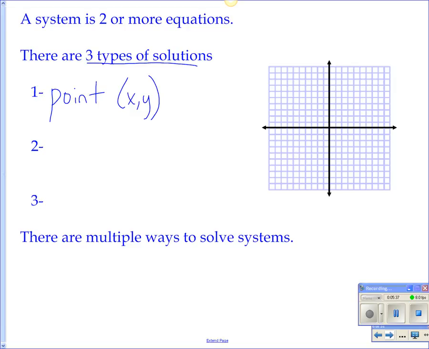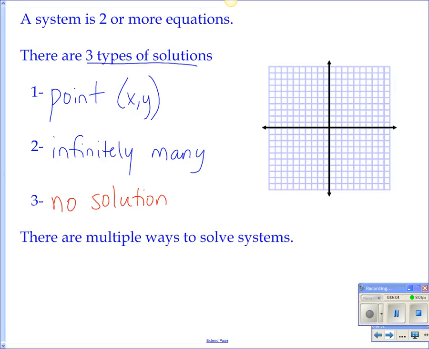What did we get for the solution for number 2? Infinitely many. When do you get that answer? When they're the exact same line. And what do we get for number 3? No solution. And when does that happen? When they're parallel, when they don't intersect.